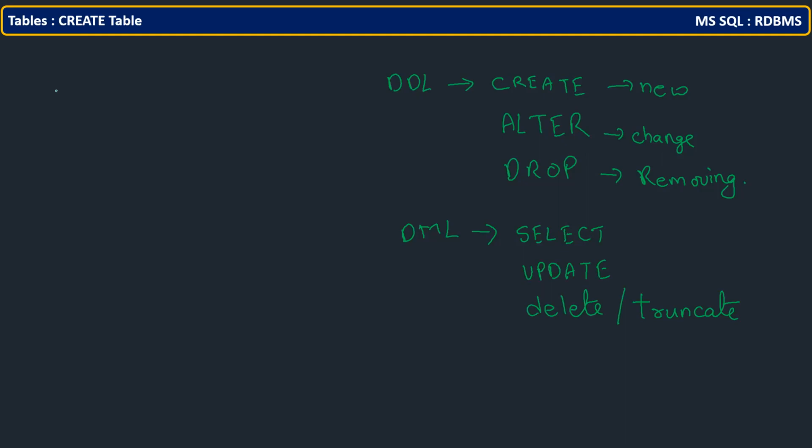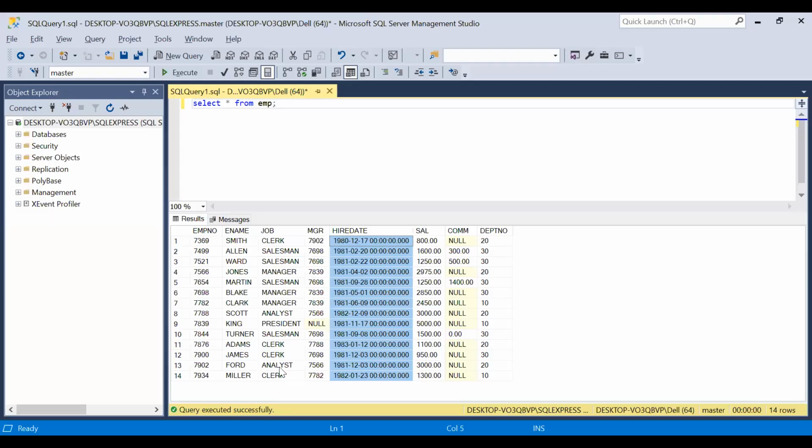Now, so here you see, I want to show data definition language. For example, EMP table is there. First of all, to insert the data, so you see here you have a data directly, is it or not? So this data, how it came? First of all, EMP table you need to create.